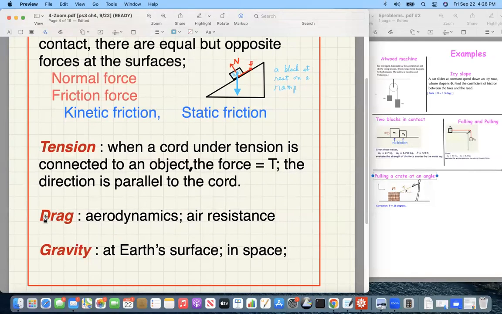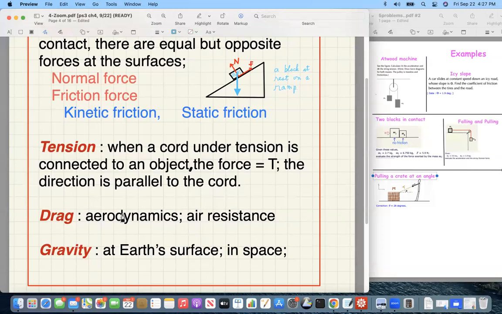They discuss drag, which is kind of like a frictional force. It's friction between a moving object and the air through which it's moving. In order to have a force, you have to have two objects: one object to experience the force, one object to exert the force. If an object is moving through the air, it's in contact with the air molecules.